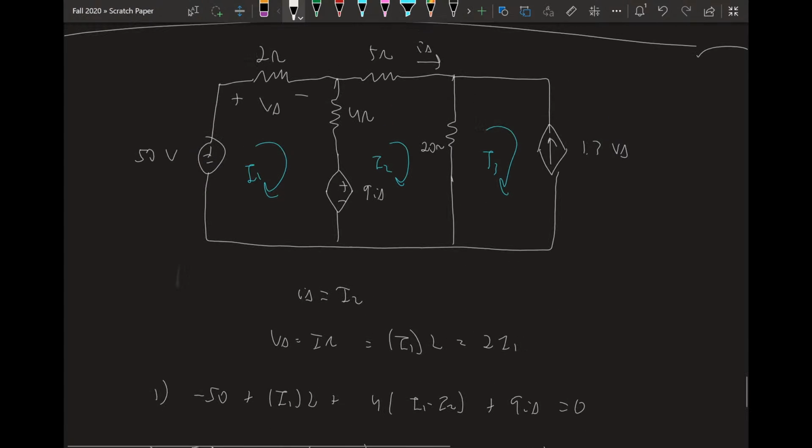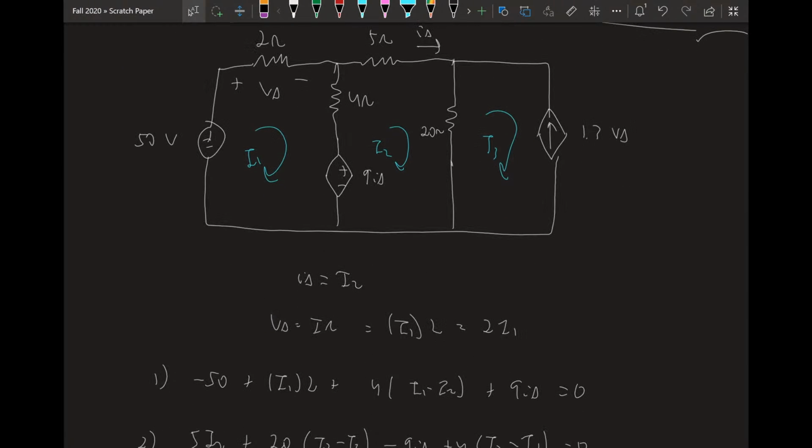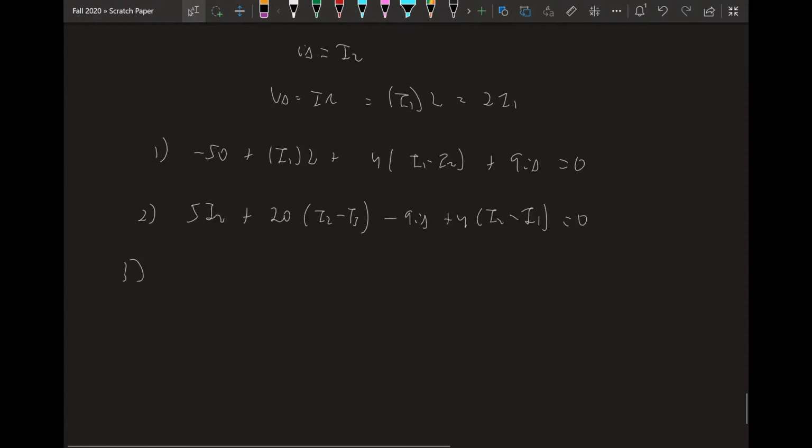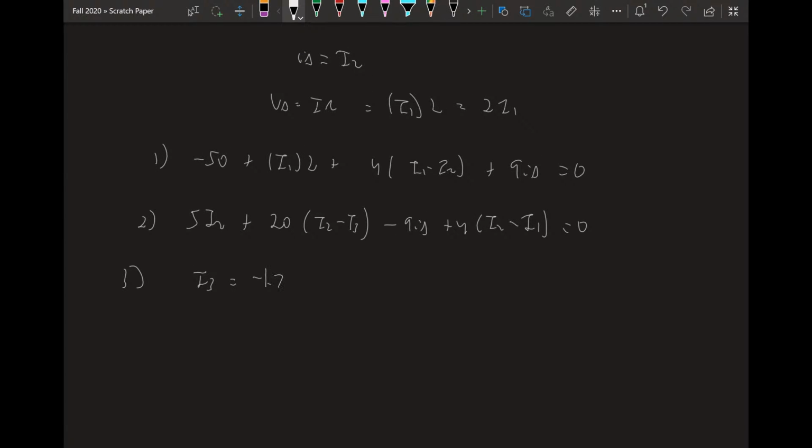For mesh 3, we can see over here the mesh runs in the opposite direction of our dependent current source, but still a current source nonetheless. So I3 has to equal negative 1.7 V delta.